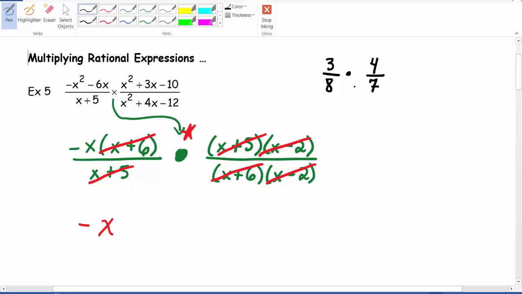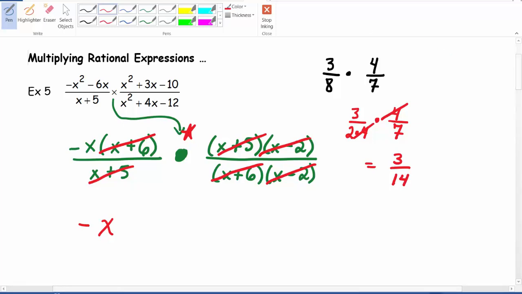What we can do is break down this 8. So on top we would still have 3, and then 2 times 4, because that still gives us 8, times 4/7. Well, we can cancel these 4's out, and that leaves us with 3 on top still, over 14. So that's one route that we could take.